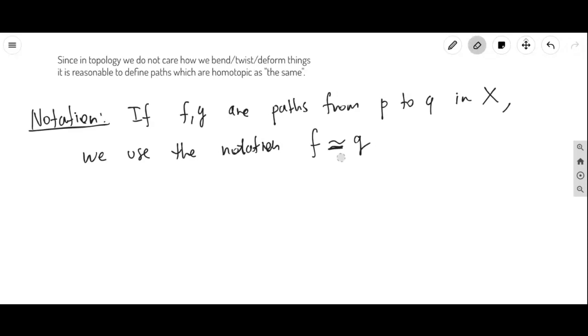We use this notation quite a lot in mathematics. This is like the congruent notation to mean that F is homotopic, and let's just emphasize path homotopic to G.